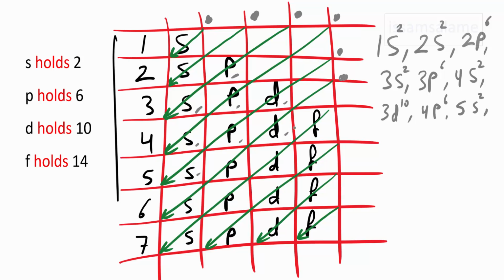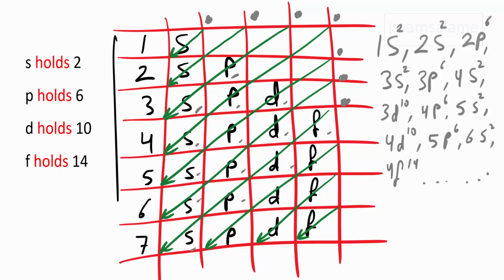Sixth arrow now, passing through 4d, 5p, then 6s. I put them also in order: 4d10, 5p6, 6s2. The seventh, passing through 4f, then 5d, then 6p, then 7s.